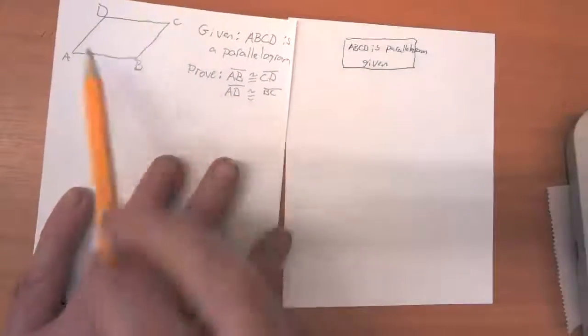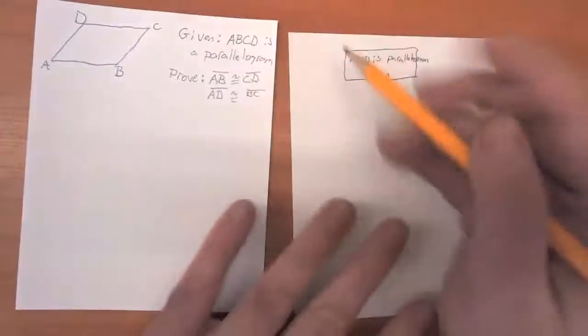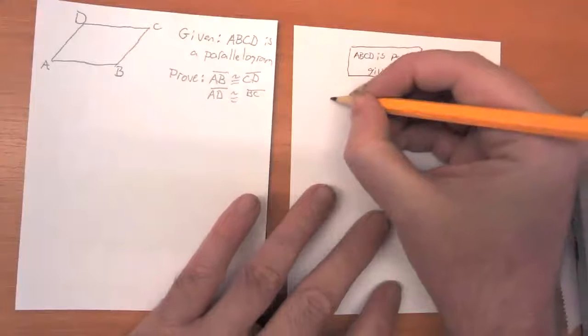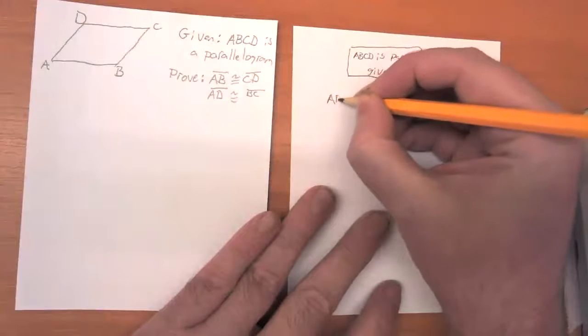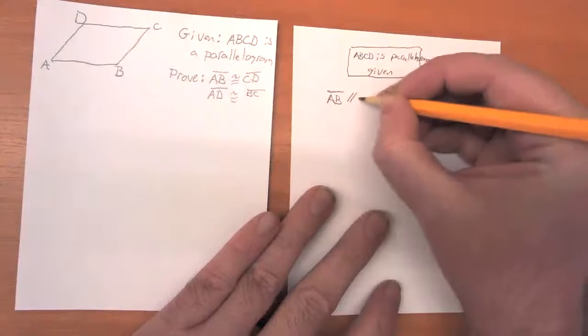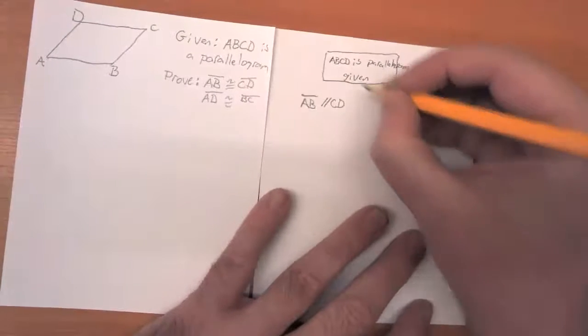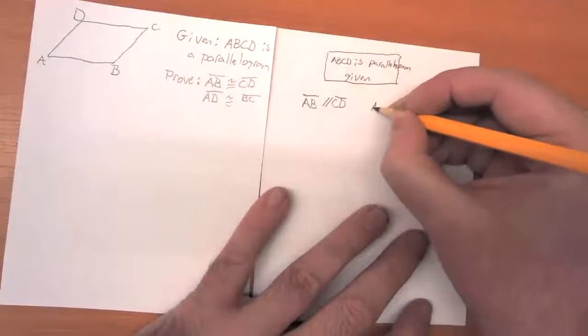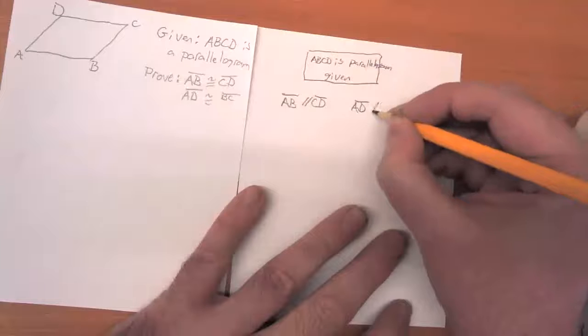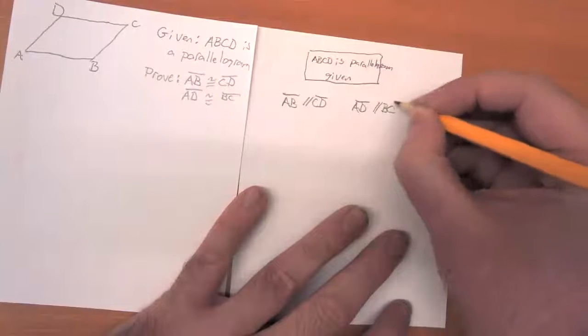Okay, so I know that the opposite sides of this are parallel, so I know that AB is parallel to CD, and I know that AD is parallel to BC.